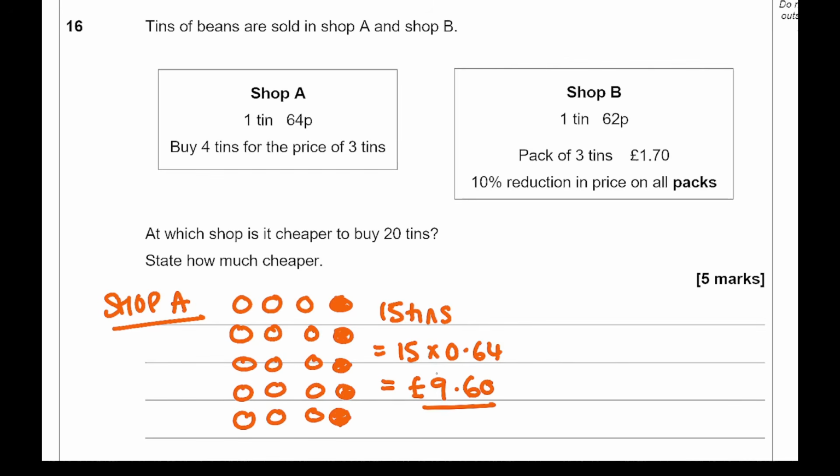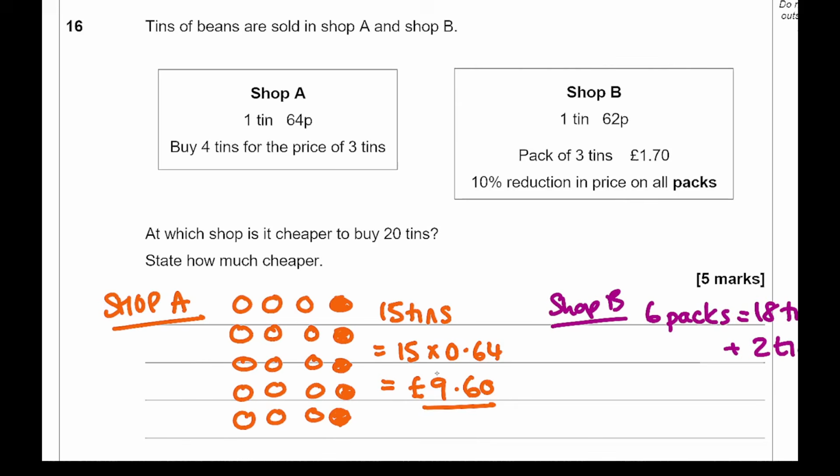Now for shop B, let's just use a different colour pen. So for here, for shop B, I can buy packs of 3 for £1.70, and I could buy individual tins for 62 pence. So I'm going to need to buy 6 packs, which equals 18 tins, and then I need to buy another 2 tins.